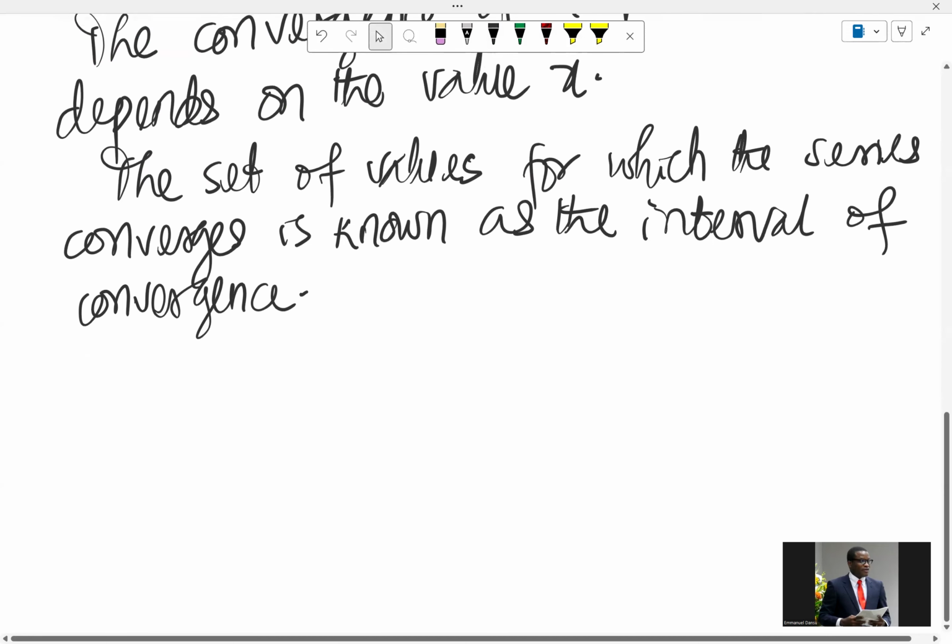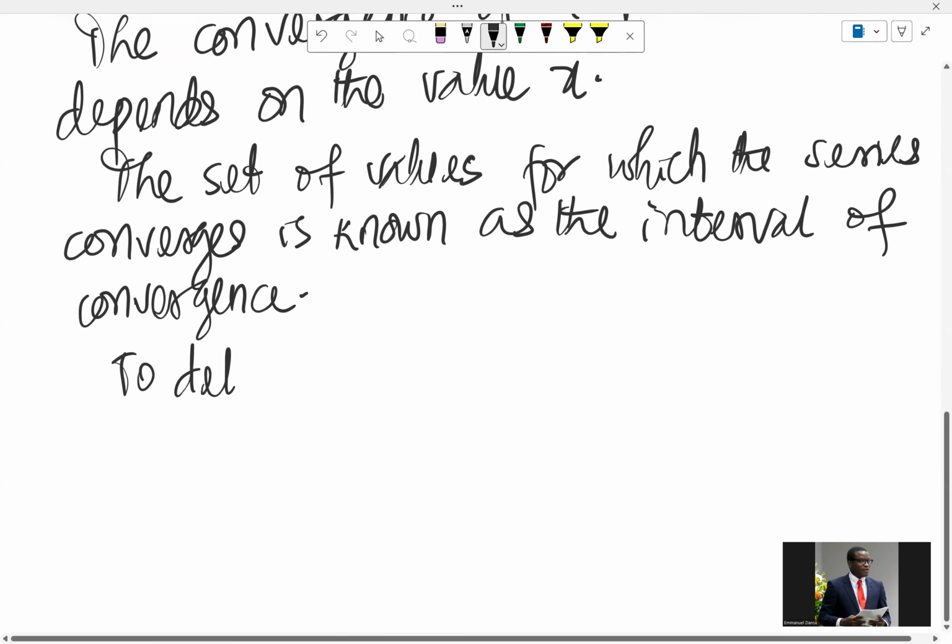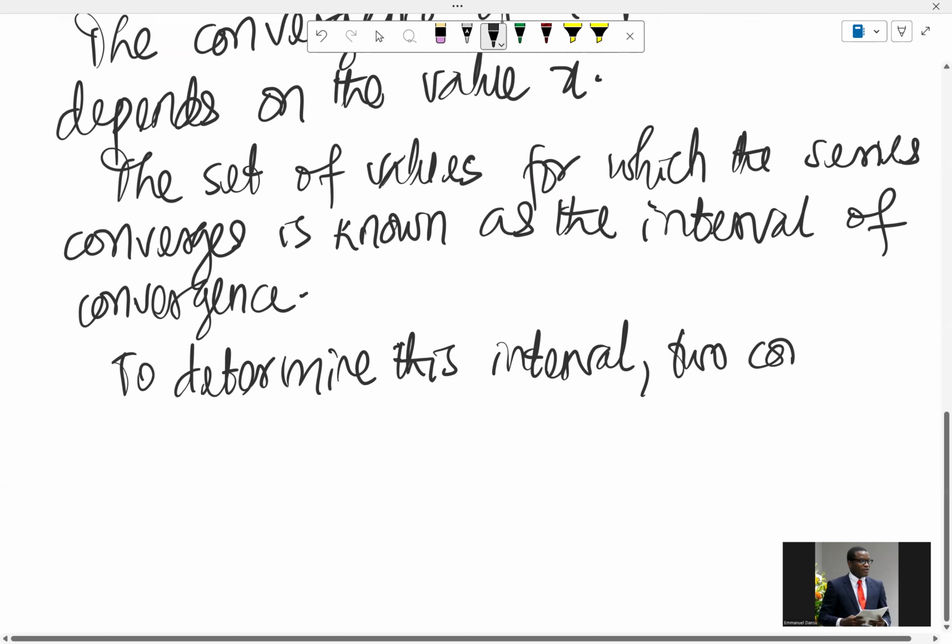Okay. Now, to determine this interval, two common methods are used.